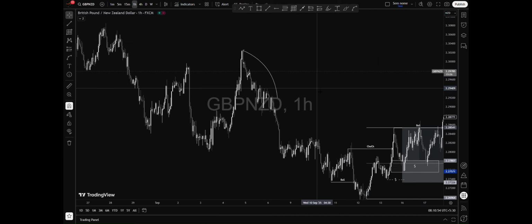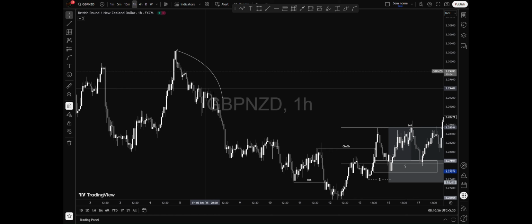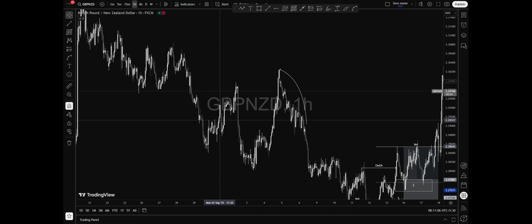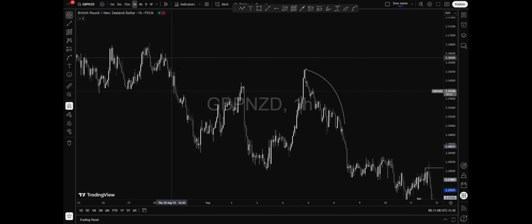As we can see, here we have descending highs. And why do I believe that this take profit right here is a valid take profit? Because when we had this downtrend, we had a break of structure and then this retracement. This retracement right here was a liquidity sweep.